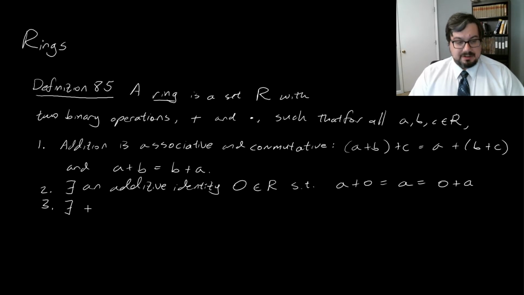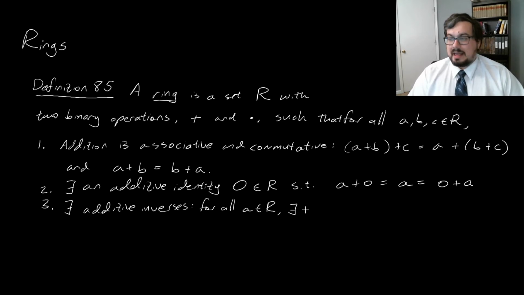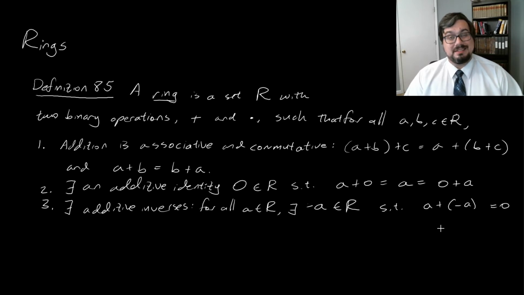Furthermore, there exist additive inverses. That is to say, for all elements a belonging to R, there exists an element, which we denote as negative a, in R, such that a plus negative a is 0. So every element has an additive inverse.